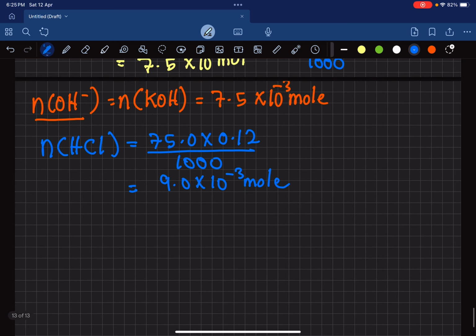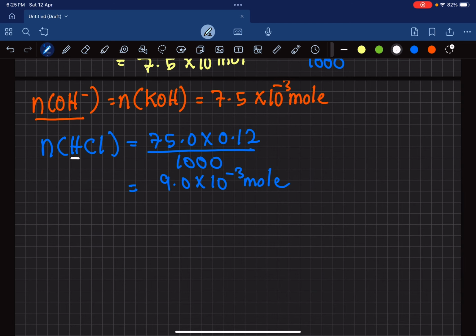What I want you to notice is that HCl is a monoprotic acid. What does it mean? It means that the number of moles of hydrogen ions you can get from HCl is exactly the same as the number of moles of HCl that you have, which is in this case this much.